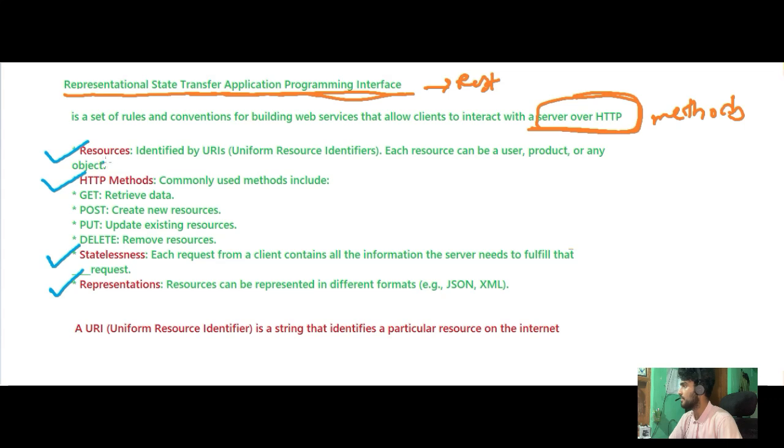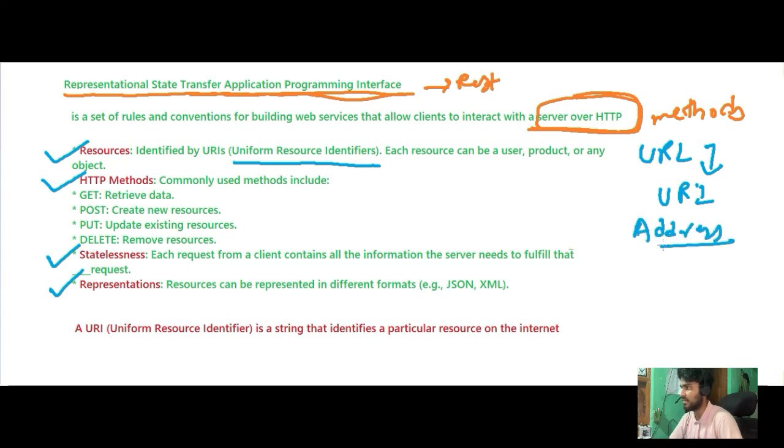The resource means a URL. URL is a part of URI. URI means uniform resource identifier; we can say it's an address that tells the machines where my application actually is, or where I need to perform some task.